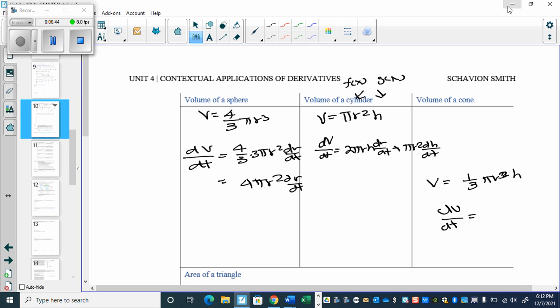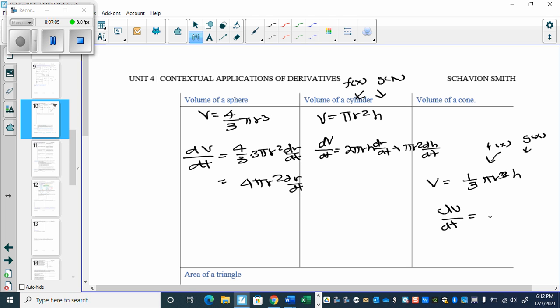So volume of a cone. And of course I'm on my phone. Oh, and I'm right. So that's a squared, and we have a product rule going on there. Here's f of x, and here is g of x.